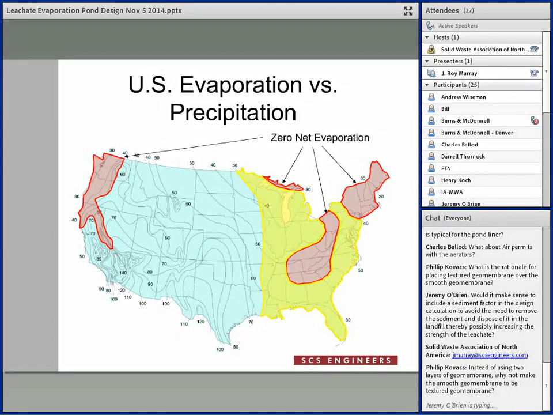But that's simply our rationale for doing it. Otherwise, yes, if you didn't think that you needed that second geomembrane, and I was going with a single geomembrane, then I would make it a textured geomembrane.